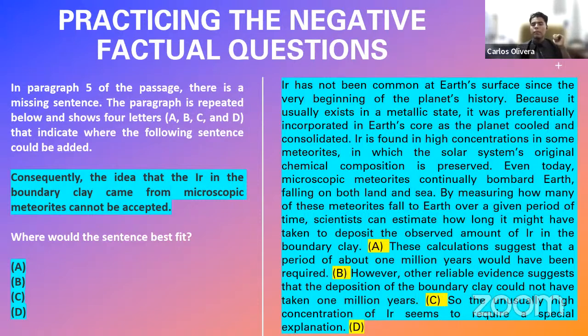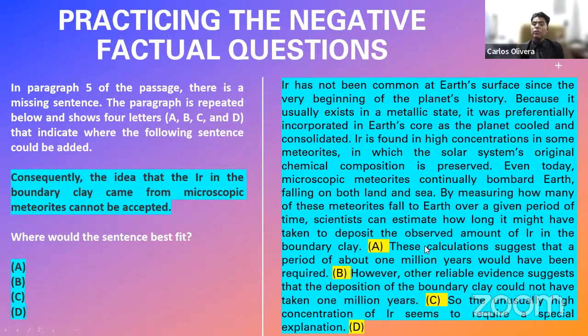So by measuring how many of these meteorites fall to Earth over a given period of time, scientists can estimate how long it might have taken to deposit the observed amount of air in the boundary clay.